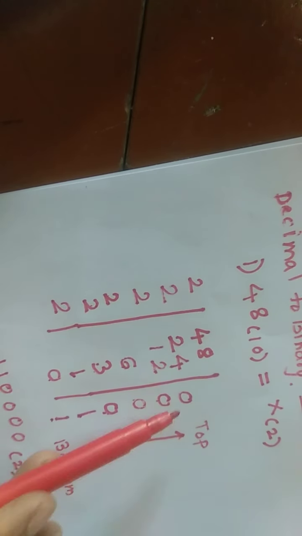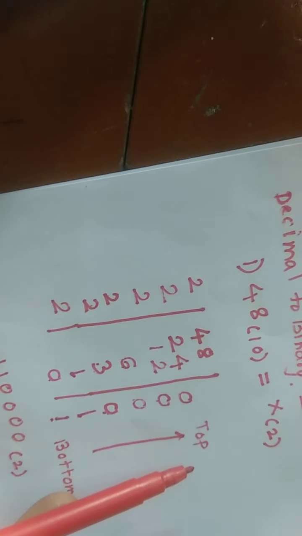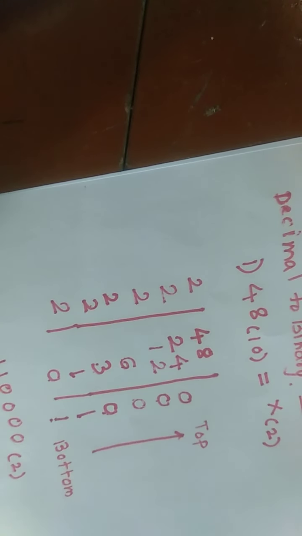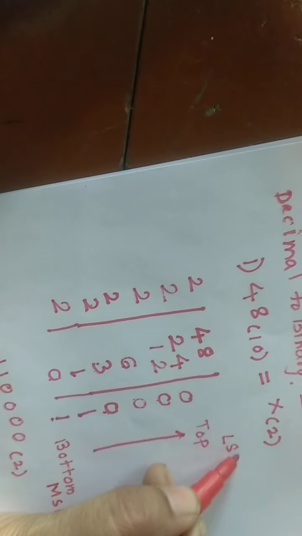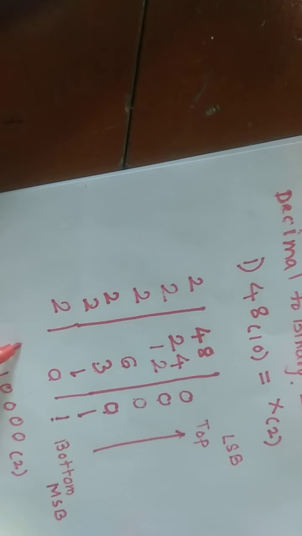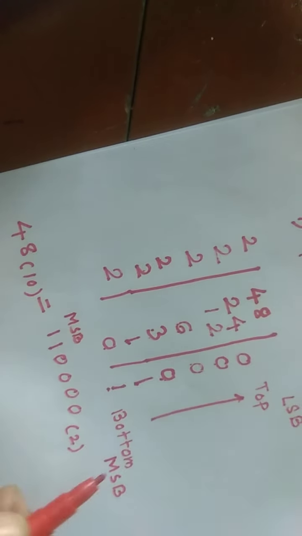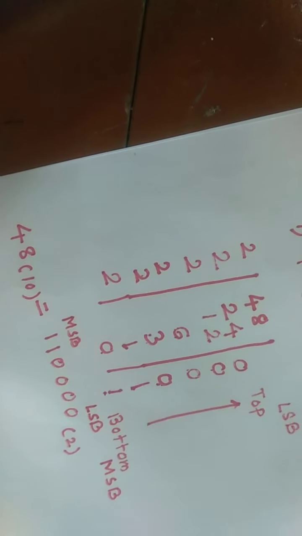Note down the remainders from bottom to top. I will write the bottom number as the most significant bit and here the least significant bit. As we have seen earlier, this is MSB, the most significant bit, and this is the least significant bit.